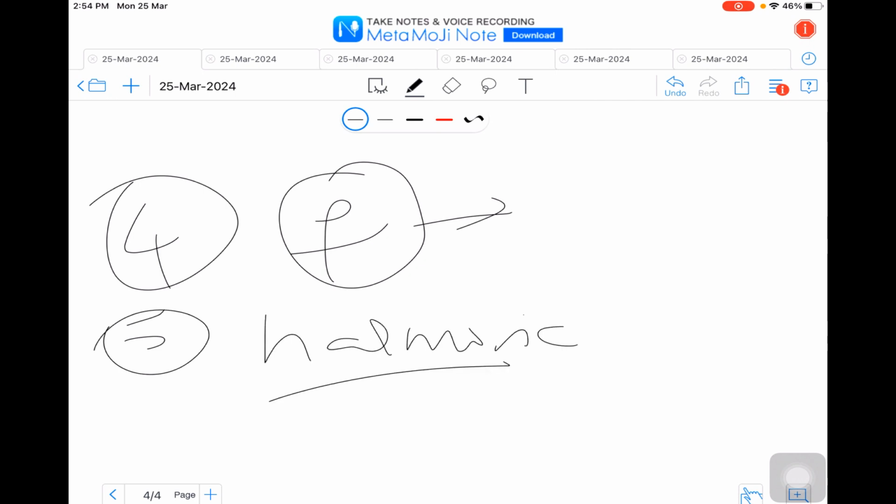So these are the various reasons for the production of hunting in the synchronous machine.